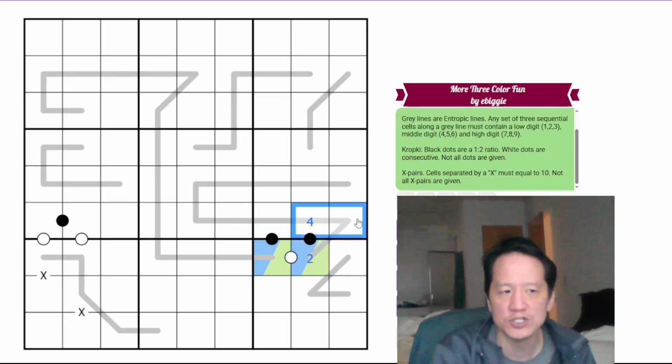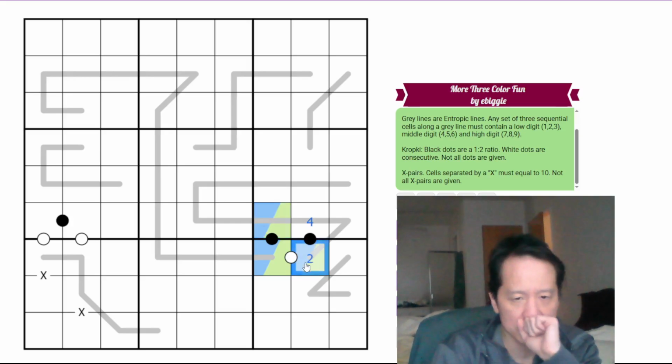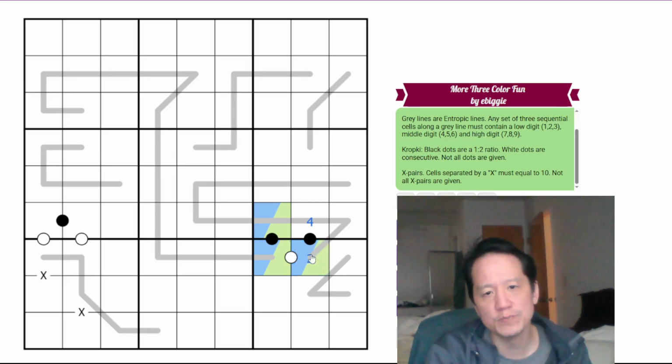Well, these 2 digits stay the same. So what set can this digit be? It has to be the same set as the one we lost from these 3. So it would be that one. So this also has to be blue or green. So if this is 2, this has to be 4. And this has to be a low.